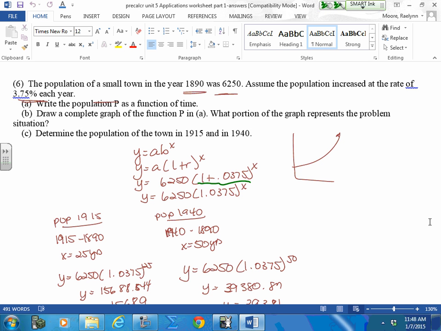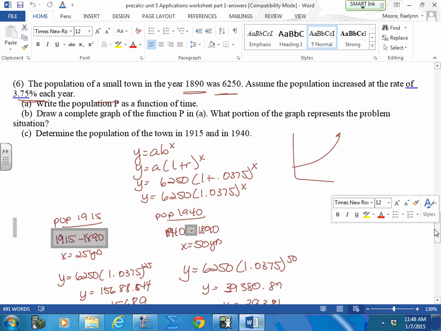Now X is time in years. So they gave you the original population from 1890. That was your base year. That's the beginning, the base. Instead of the 0 year, you're in 1890. So you had to first subtract and find out what your X is in terms of years.